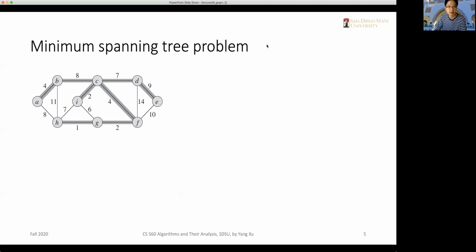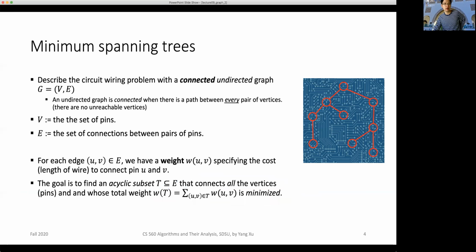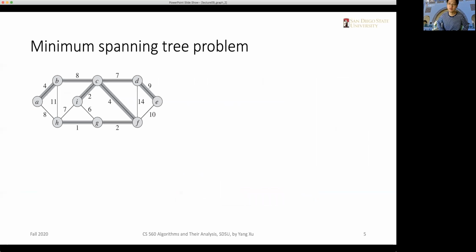All right, so let's look at a simple graph demonstration here. This time we have letters as the vertices and integer numbers indicating the weights for each edge. Okay, because the resulting subset T is acyclic and it also connects all vertices, it's actually a tree structure, right?